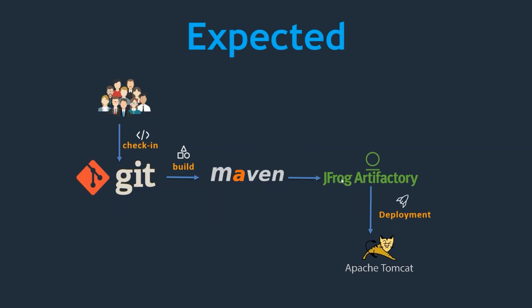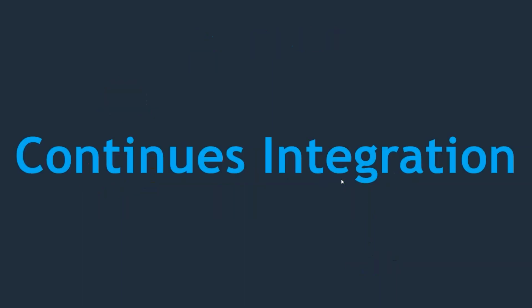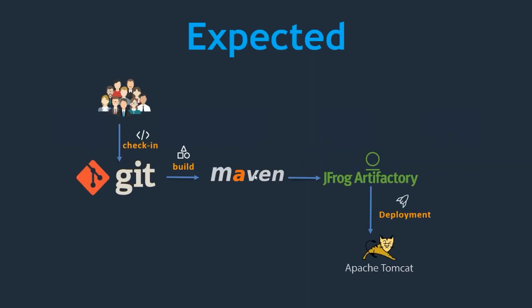So somebody needs to organize all this stuff. Who can do that? That is where continuous integration comes into the picture. Why do we need continuous integration? Because the code check-ins happen quite frequently by the developers. Maybe they check in code two or three times a day, or once a day, or once in two days.